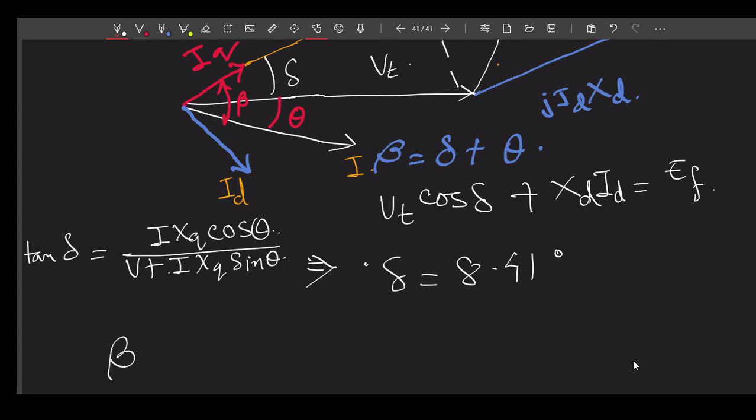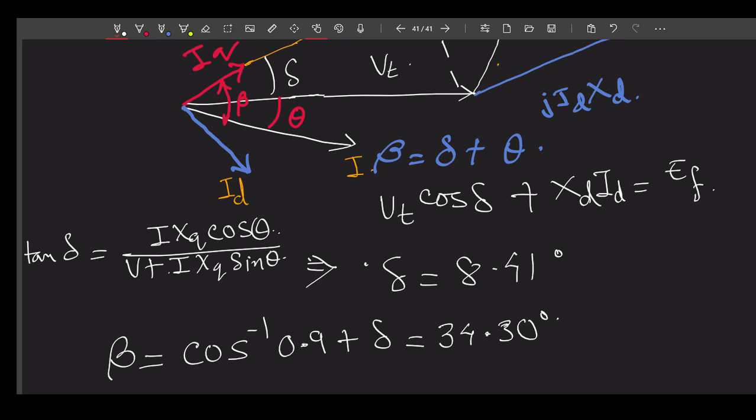So what about beta? Beta is equal to cos inverse 0.9 plus delta. That will give you some 34 point, say 30 degree.